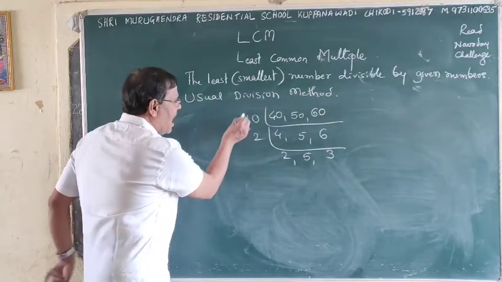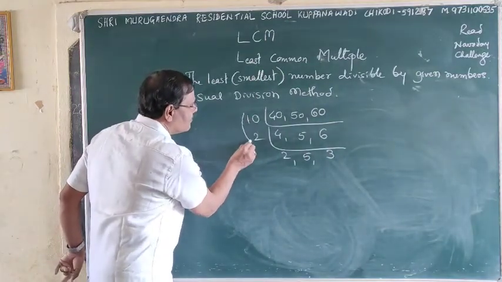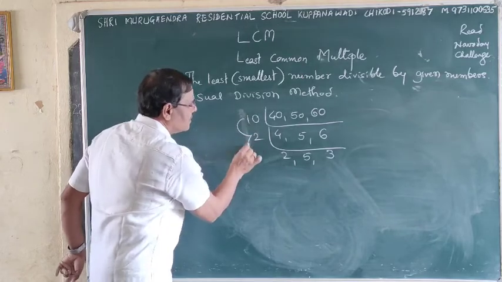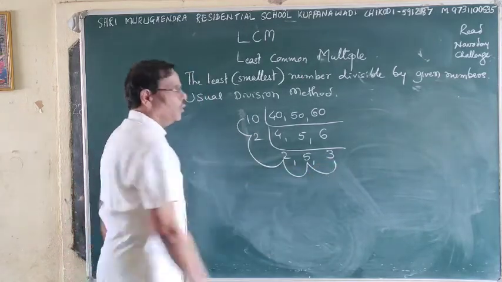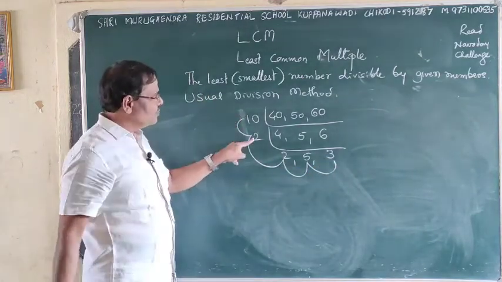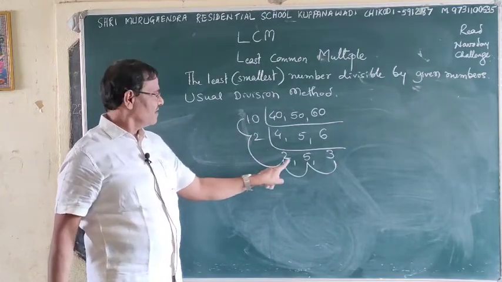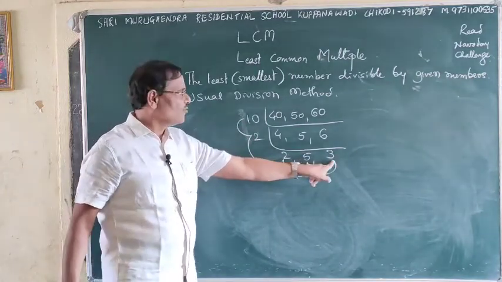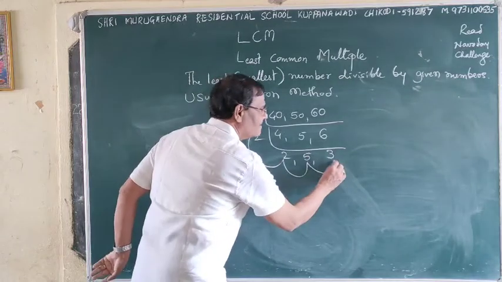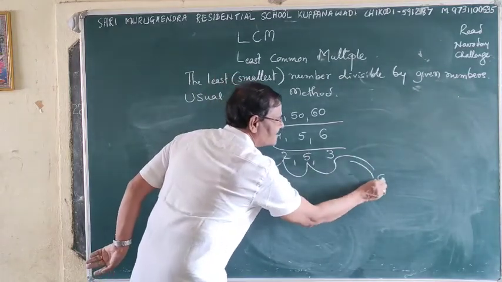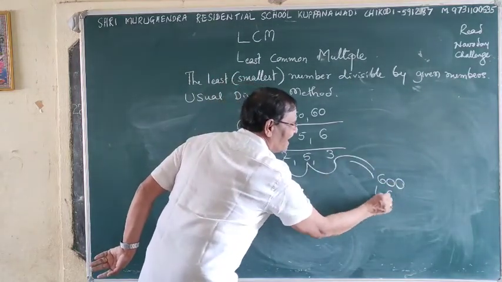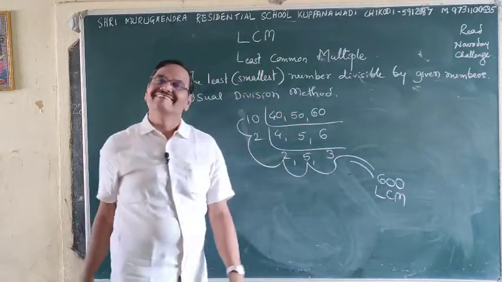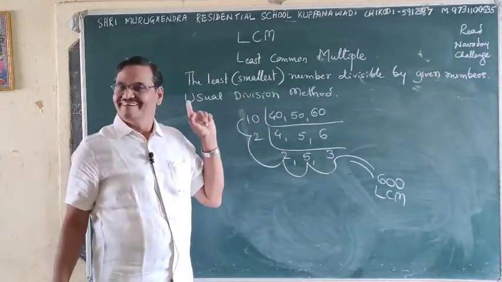These are all you have to do. Don't waste the time. 10 2s are 20, 20 2s are 40, 40 5s are 200, 200 3s are 600. This is a trick you can use.